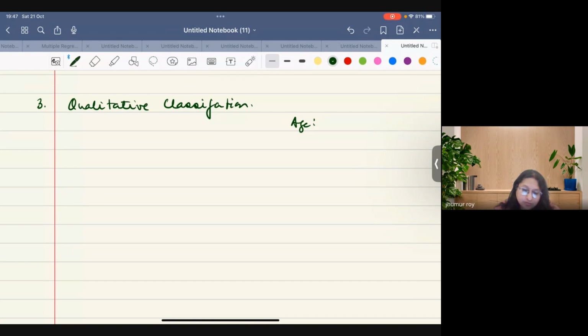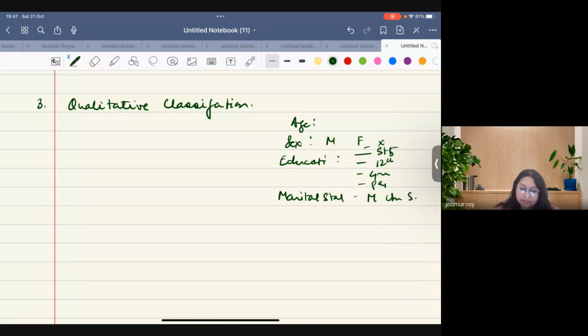It asks you what is the sex, male, female. It asks you about educational qualification. So whether you studied till standard fifth, if you have not studied at all, you've studied till 12th, then you have done graduation, then post graduation, etc. Then you have marital status, where you'll say married, unmarried, single, etc.